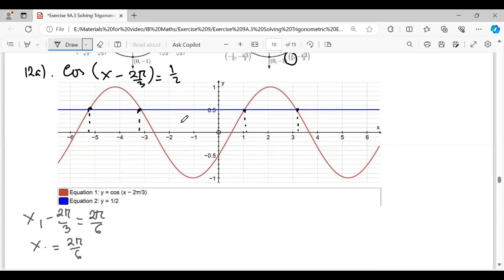I will not use the term x1 because it's supposed to be the x1 position here. I'm going to find the third x actually. This one. Right. So it is plus 2 pi third.